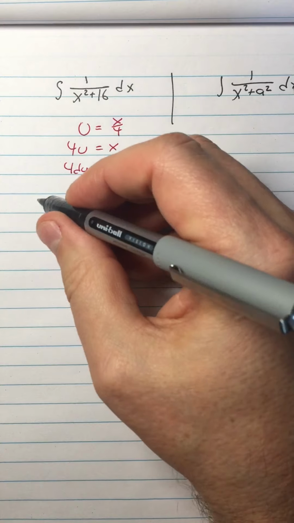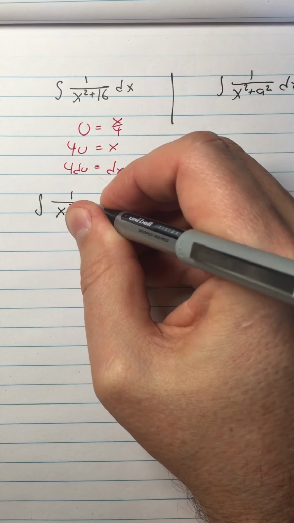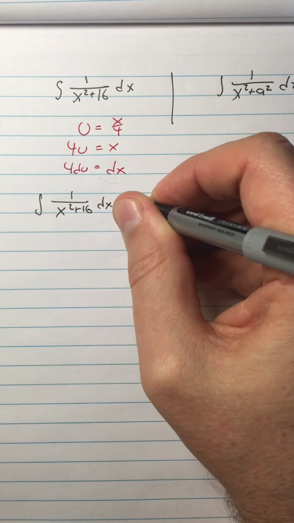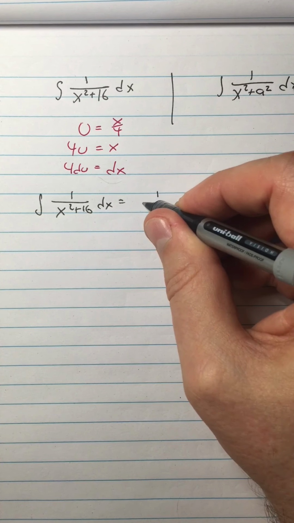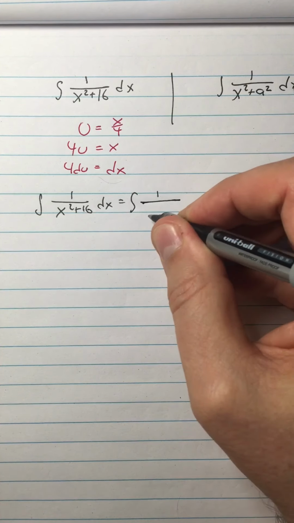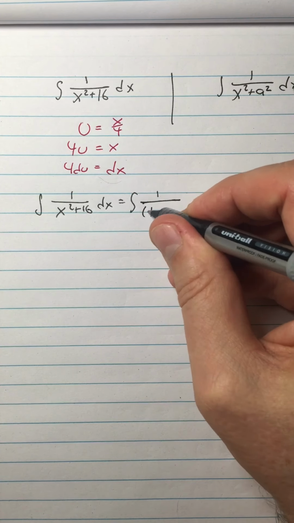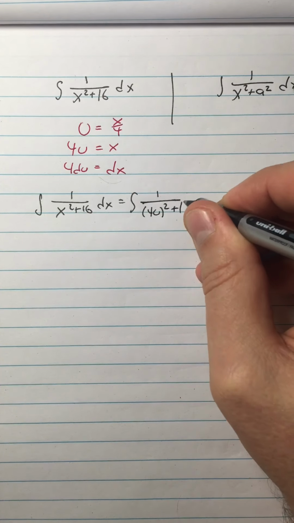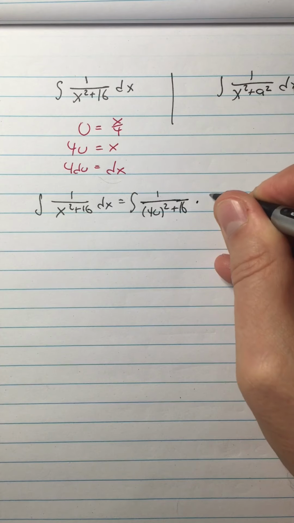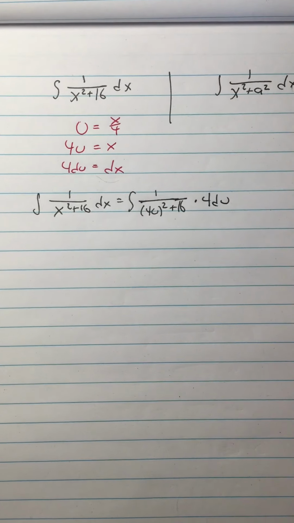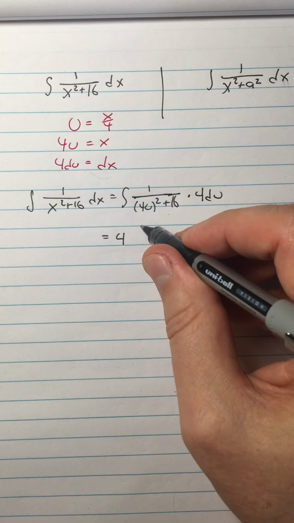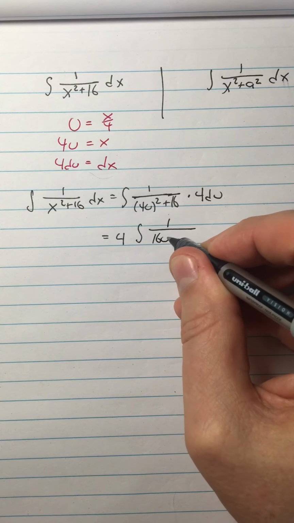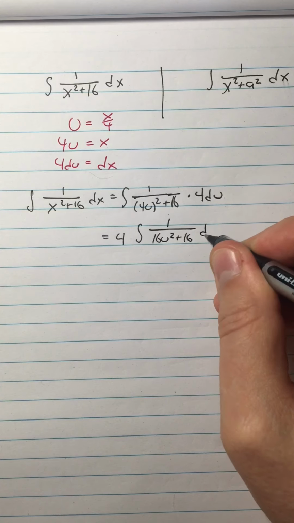So our integral of 1 over x squared plus 16 dx is equal to the integral of 1 over 4u squared plus 16 times 4 du. And you could probably factor the 4 out right away, so that equals 4 times the integral of 1 over 16u squared plus 16 du.